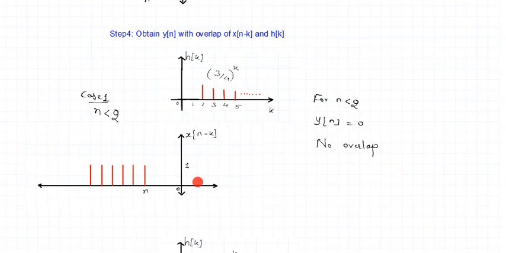But if it is placed anywhere less than 2, there will definitely not be any overlap between the two signals, and the resultant convolution for this region is 0. So y[n] is 0 when you place x[n-k] anywhere with n less than 2.